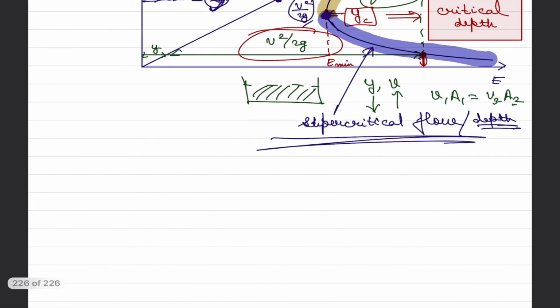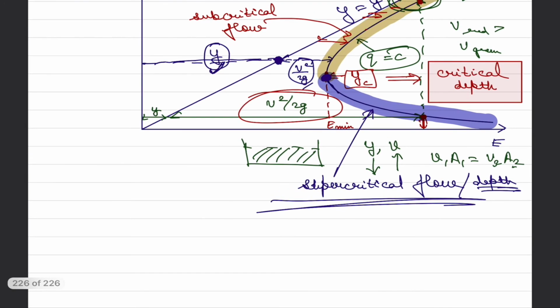Now let us discuss a few salient points about this critical point. In one of the earlier lectures, I mentioned that in the case of pipe flow, we always talk about the Reynolds number. In the case of open channel flow, we talk about the Froude number, which is defined as velocity divided by the square root of acceleration due to gravity times hydraulic depth.